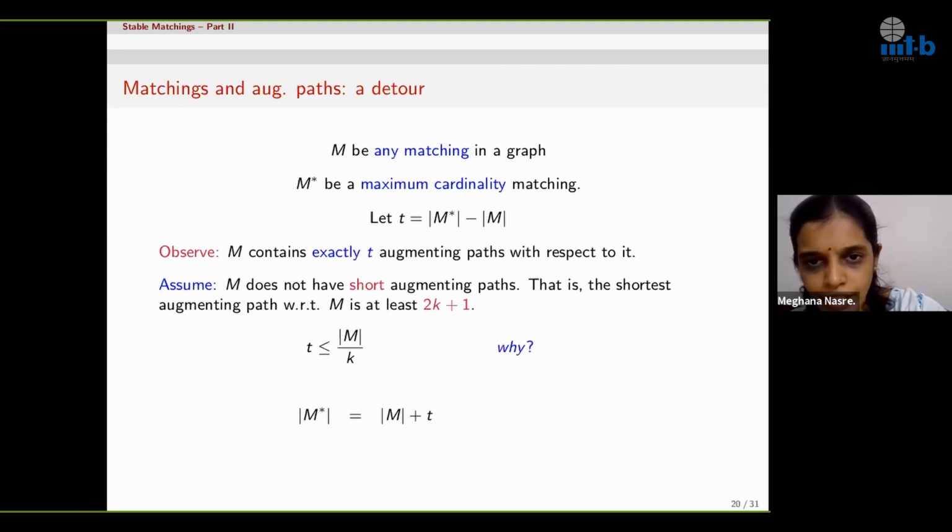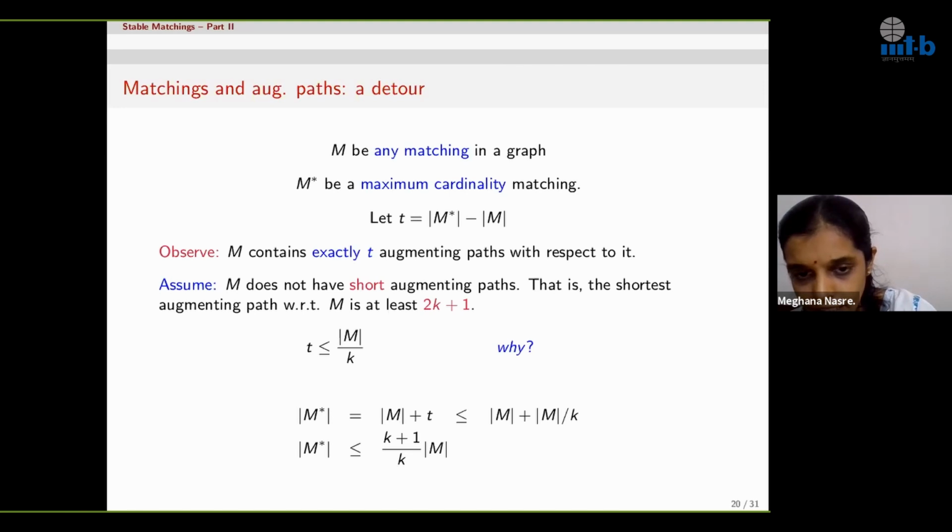Now we just put things together. We know that m star minus m is equal to T, or in fact m star is equal to m plus T. But T is upper bounded by m over k. And therefore we know that m star is upper bounded by k plus 1 over k times m, the cardinality of m.